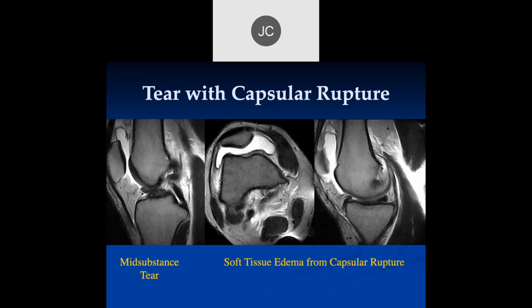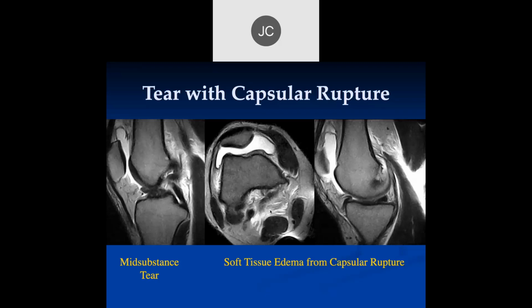The reason this is important to describe is if you have a capsular tear and you want to do acute arthroscopy, you can have some risk of developing a compartment syndrome if you start pumping the joint space full of saline under pressure to do an arthroscopic study in the setting of an acute tear of the capsule. So it's worth commenting on.